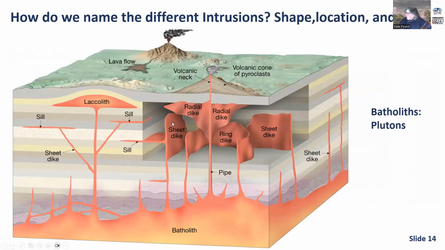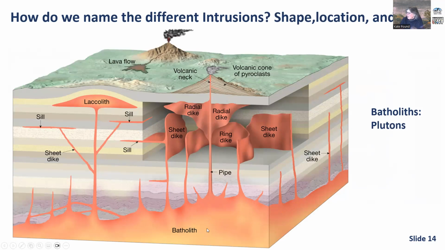So, the last thing I want us to think about is there's a whole bunch of terminology used for the different shape of intrusions. And you've probably heard of the Sierra Nevada batholith. Basically, it's a whole bunch of igneous intrusions that have amalgamated. Some of them are very different in composition.